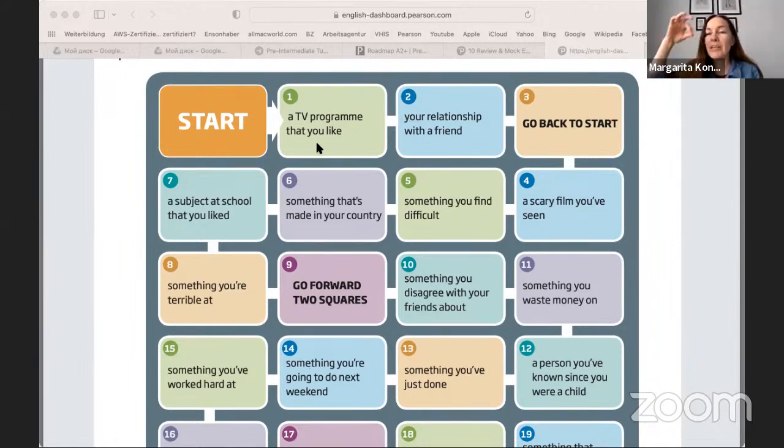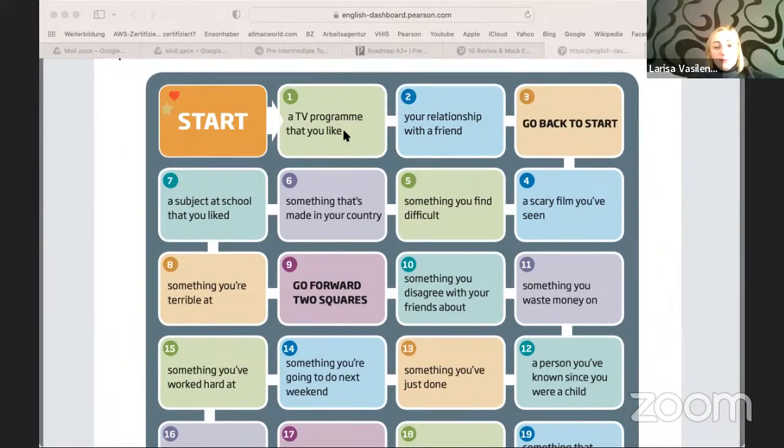For a board game, we need a counter. Yes, and this is going to be your counter, okay? And this is going to be my counter. I'm going to be a star. You are going to be a heart. And then we also need a dice.